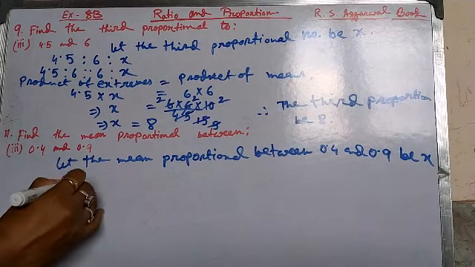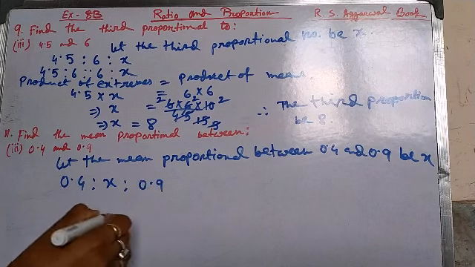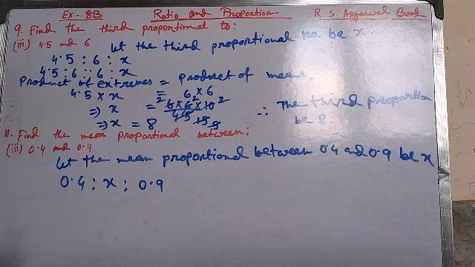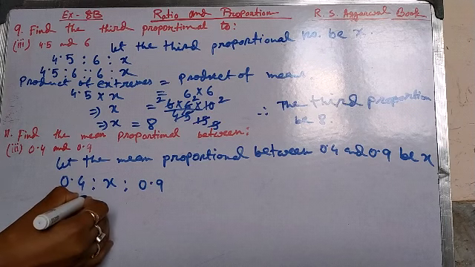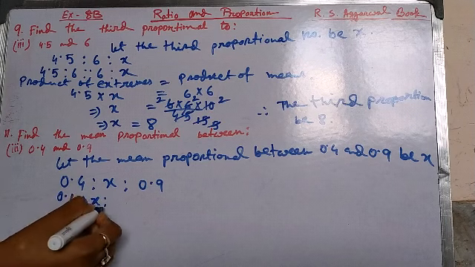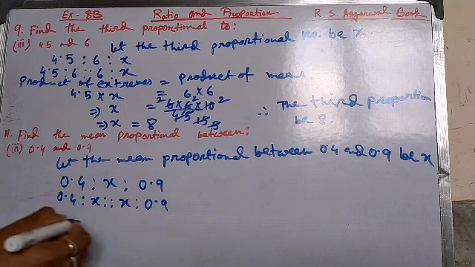So it will be 0.4 is to x is to 0.9. That means this is continued proportion. In the proportional form, it can be written as 0.4 is to x proportion to x is to 0.9.